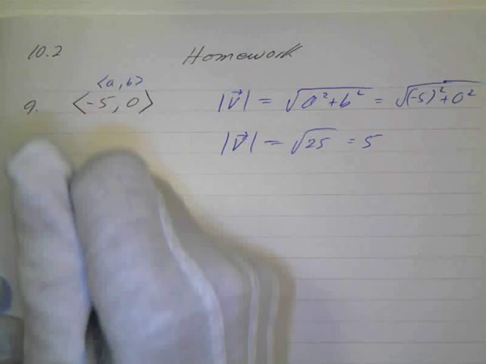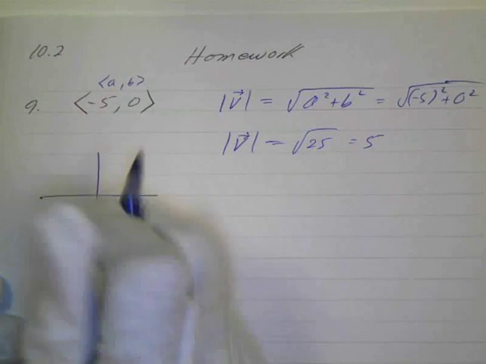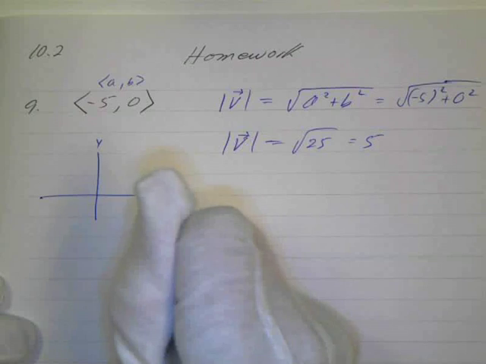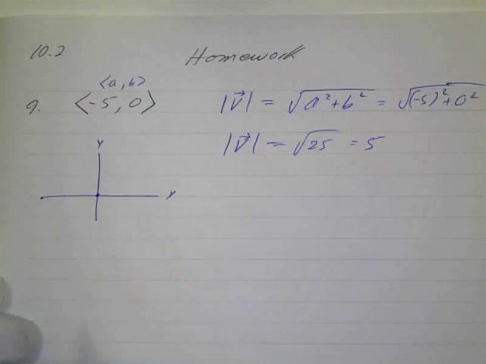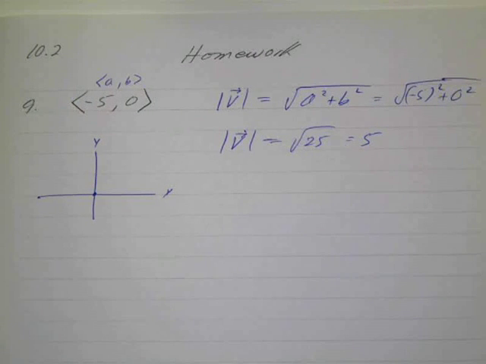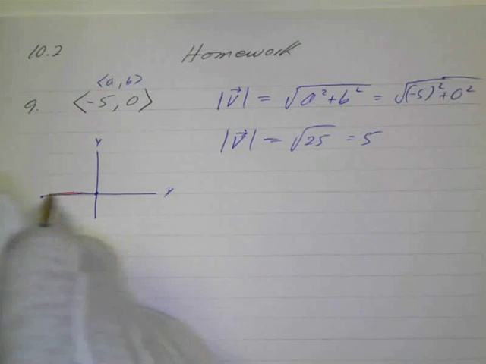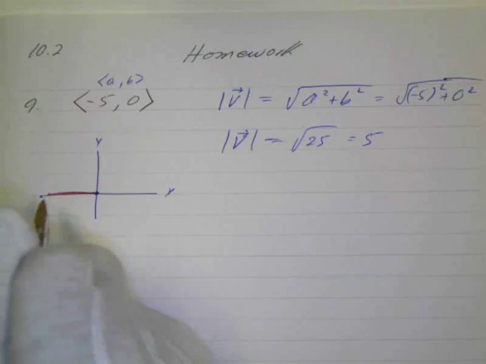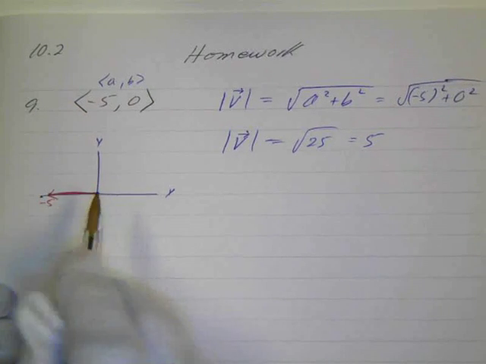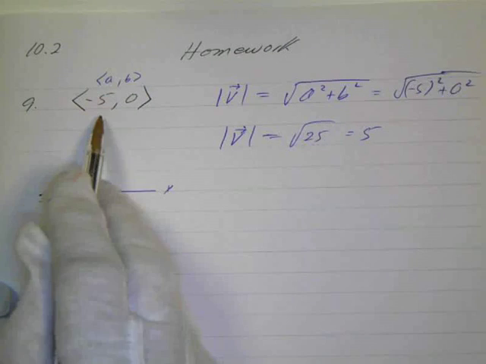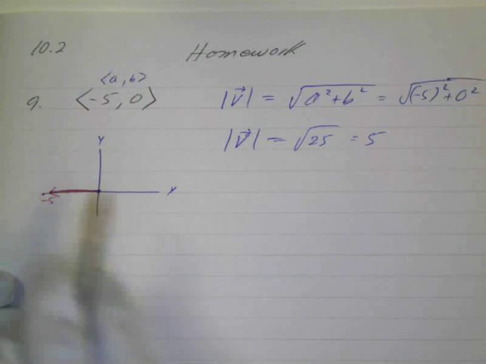And then we want to sketch it to get an idea about our direction angle. We know this is in component form, so it's going to go out here, and let's just say this point is negative 5. So the horizontal displacement will be 5 to the left, and there's no vertical displacement.